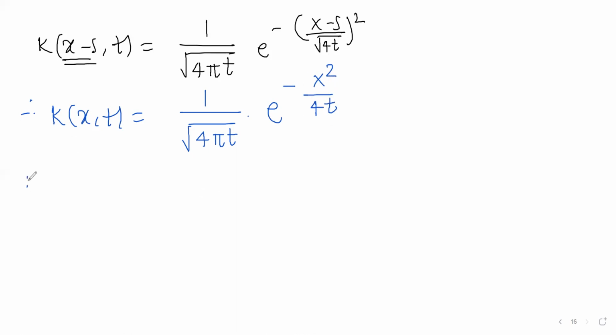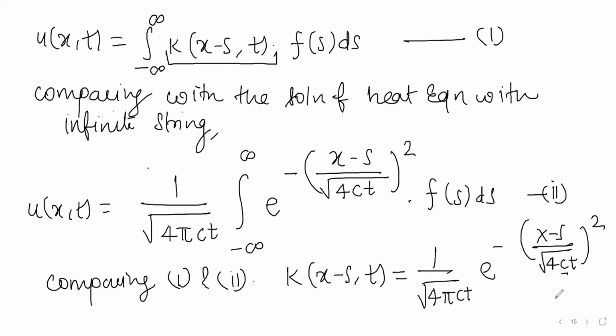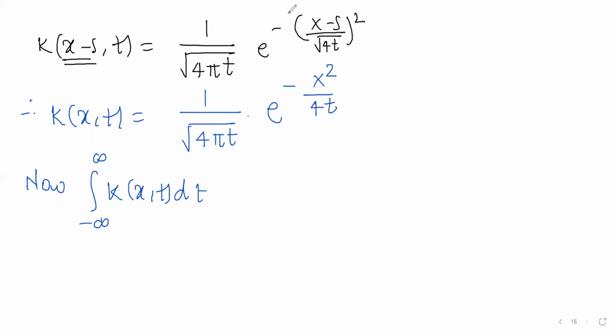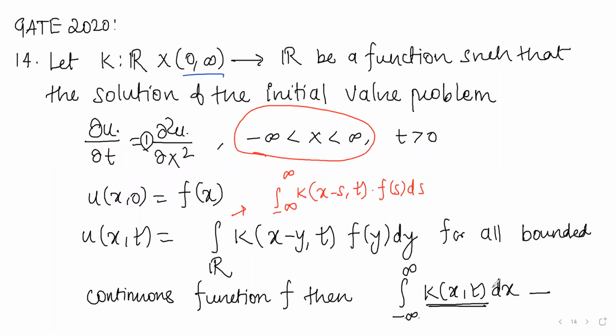And now I want the integration, integral minus infinity to infinity k of x, t, dt or dx, what do they want? Dx. Of course, t cannot be here because t is always from 0 to infinity.